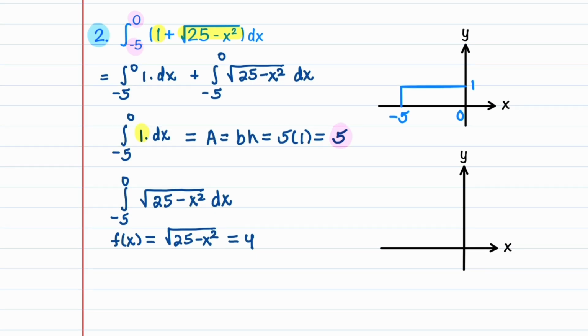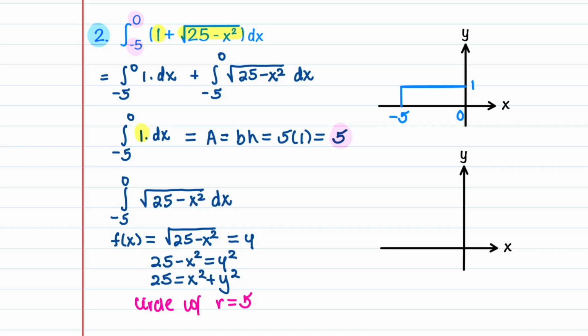We can then square both sides and we get 25 minus x squared is equal to y squared. So we have 25 is equal to x squared plus y squared. So this is a circle with radius equal to 5.